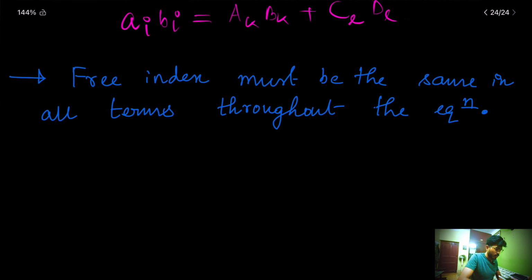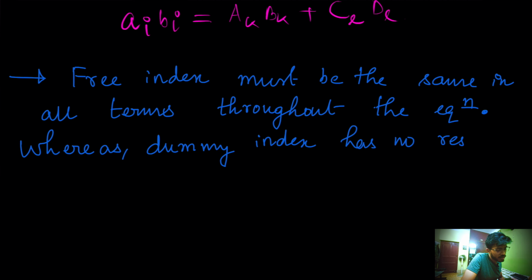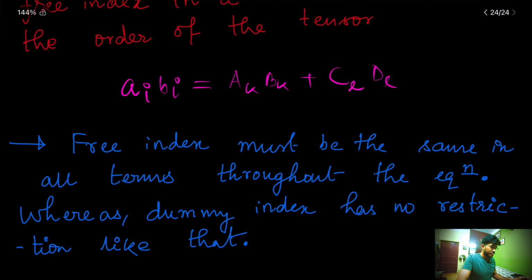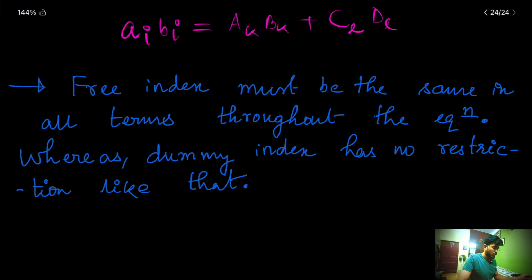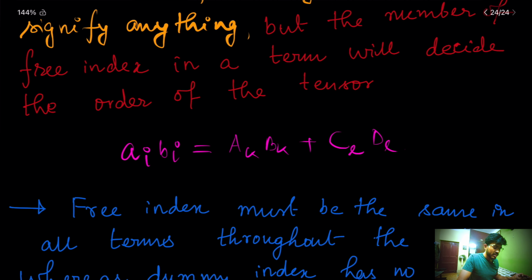Okay, whereas dummy index has no restriction like that. Clear? Okay. So if it is clear, then my half job is done.